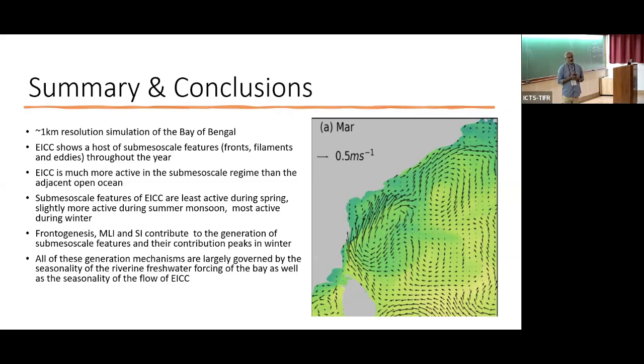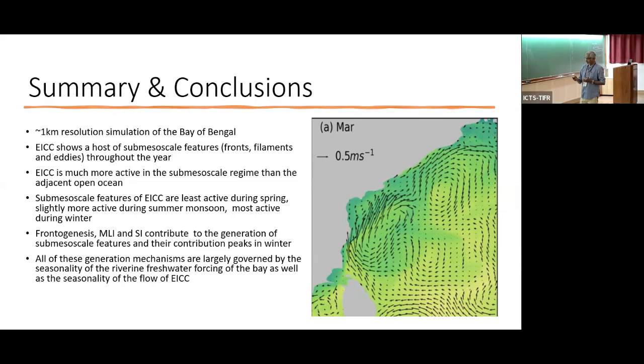But that is not the time when the submesoscale activity is very strong. So one question facing us is what would be the implication of these submesoscale activities in terms of converting into sea surface temperature patterns, what would be its influence and so on.